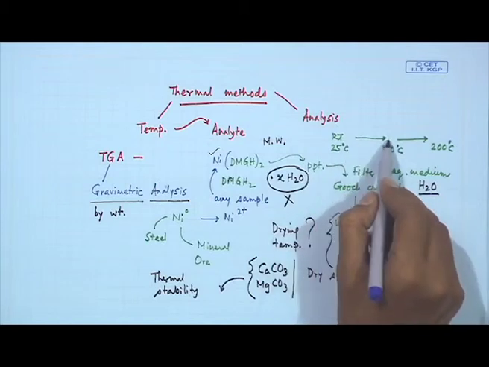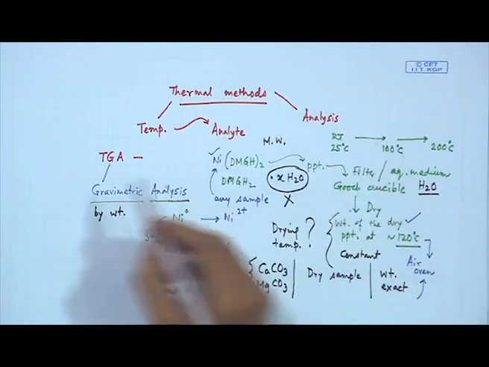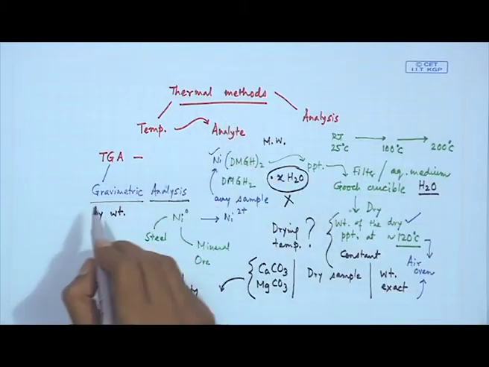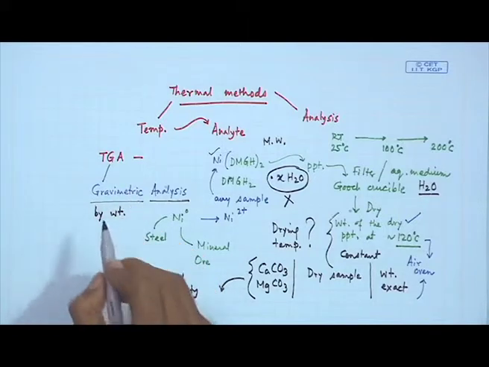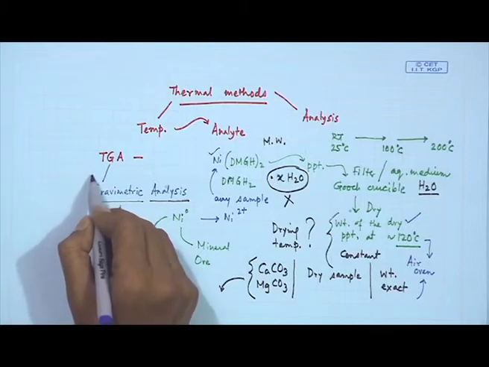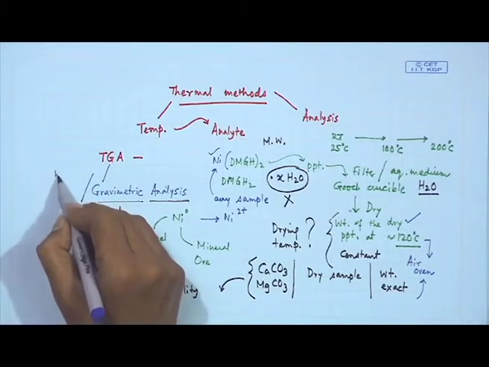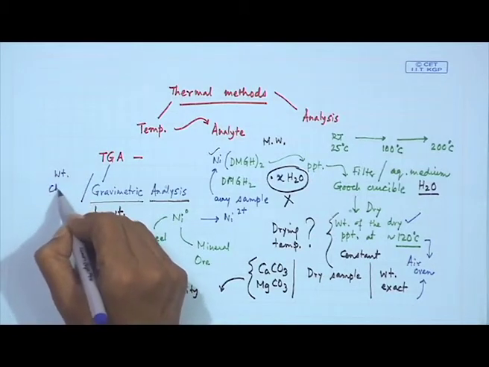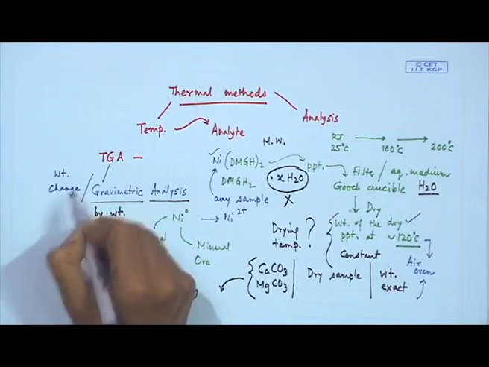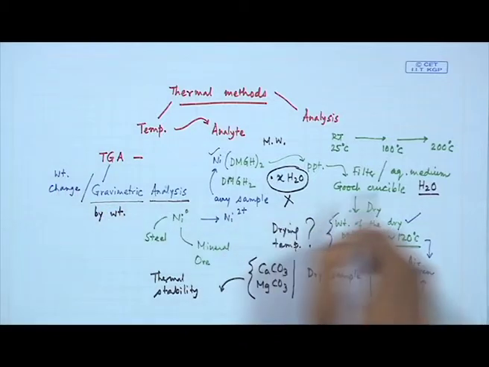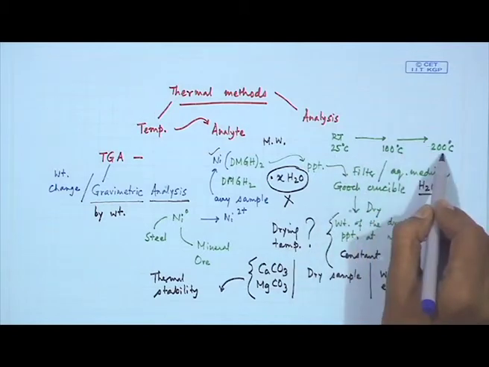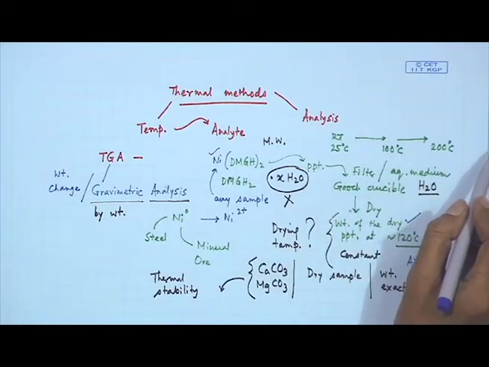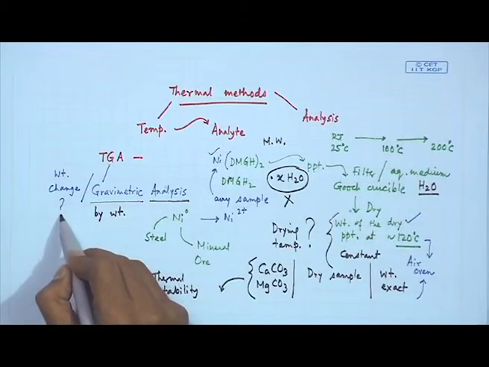So, the thermal methods of analysis, or thermogravimetric analysis, will tell us this if we measure the weight change with the rise in temperature along this axis, say 25 to 100, 100 to 200 and beyond that, whether there will be any weight change or not.